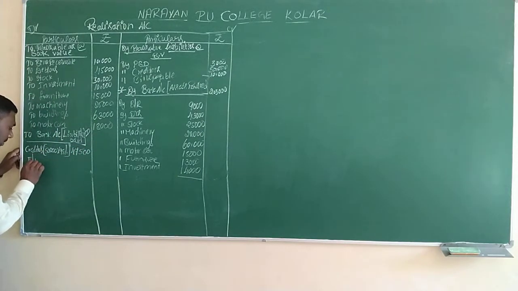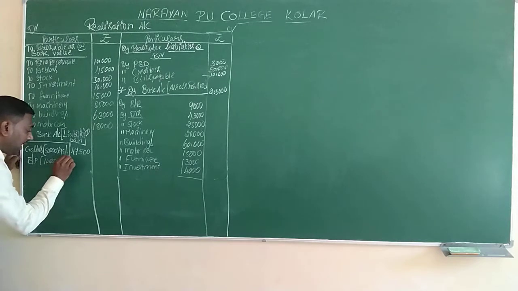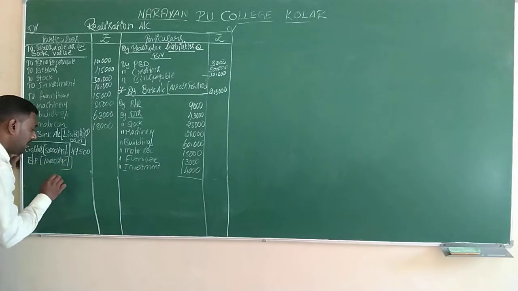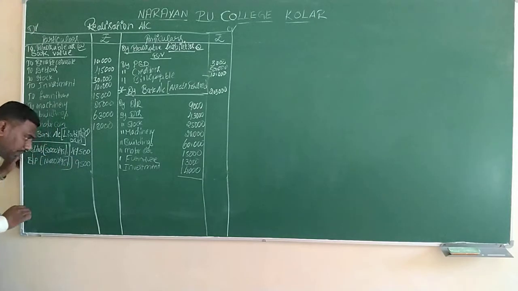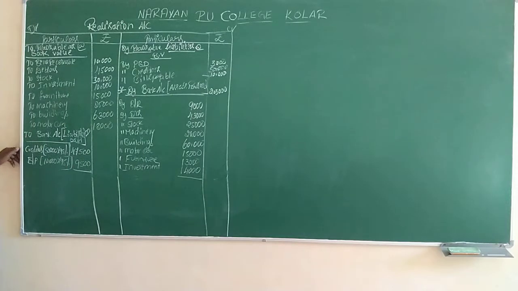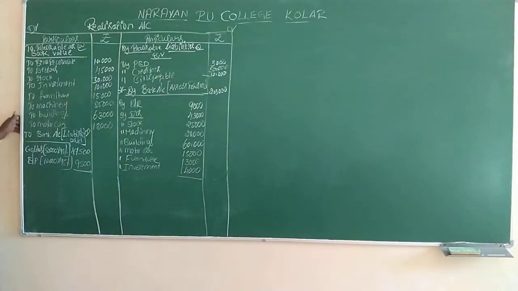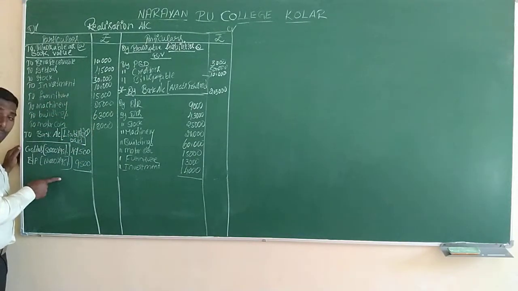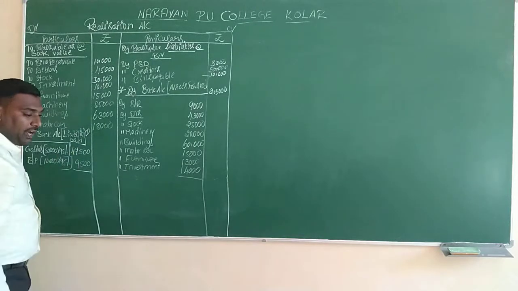Bills payable value is 10,000 into 95%. So 95% means 9,500 we get. Did you get it? The book value is 100%, in that 5% is a discount, so the present value is 95%, which means 9,500.